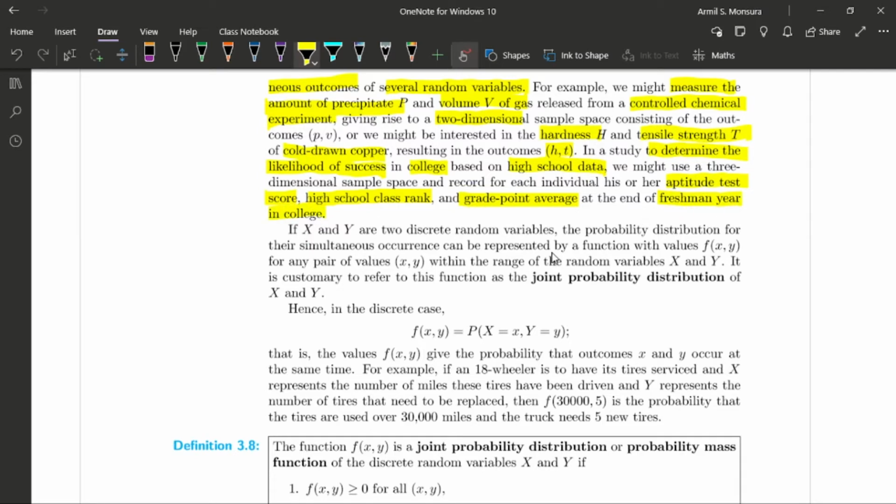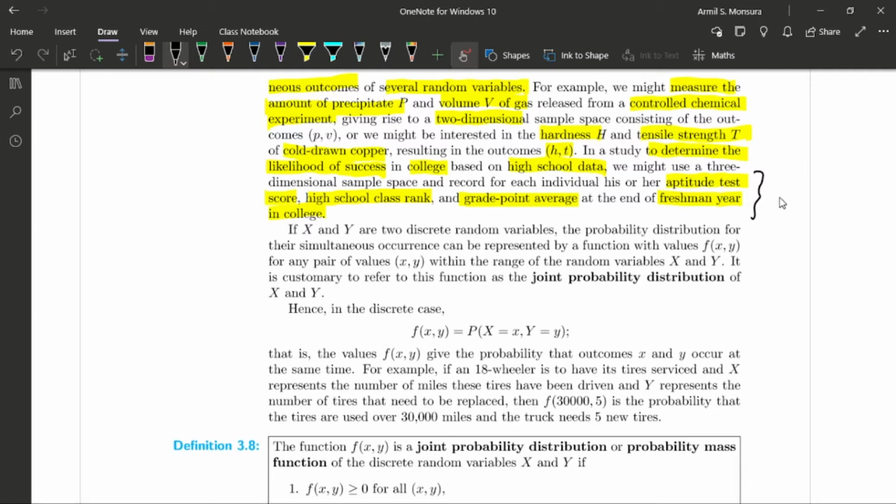Okay, so since there are three variables here, each of them would assume different values. Okay, then we are looking at a scenario where we have a three variable scenario.